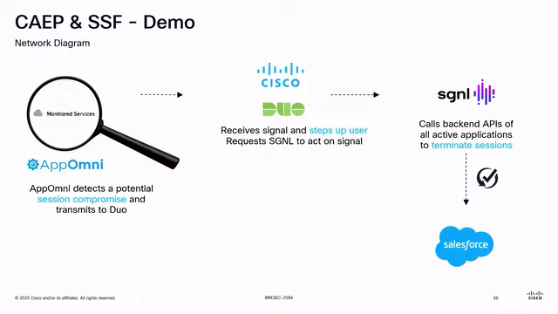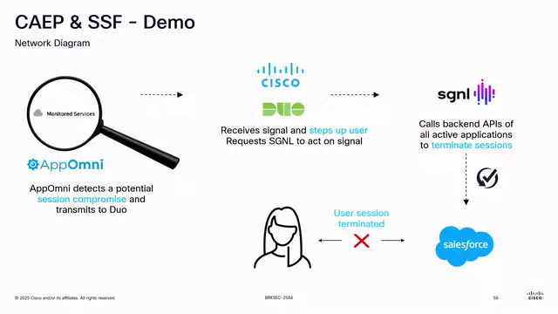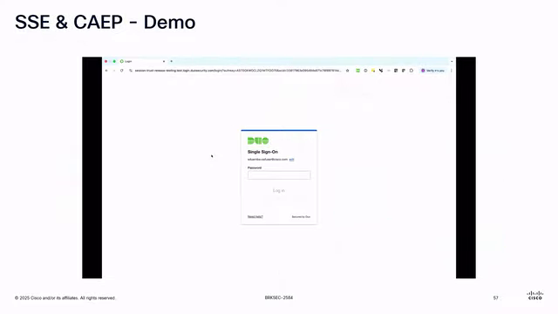Now, instead of going direct from Duo to Salesforce to perform this action, we actually send this event to Signal.io, and they have these customized APIs and all these scripts available for major players in this market. That's the reason why we contact Signal.io first, and then Signal instructs that session user termination for this user being logged into Salesforce. Let's roll a video of how all that looks.